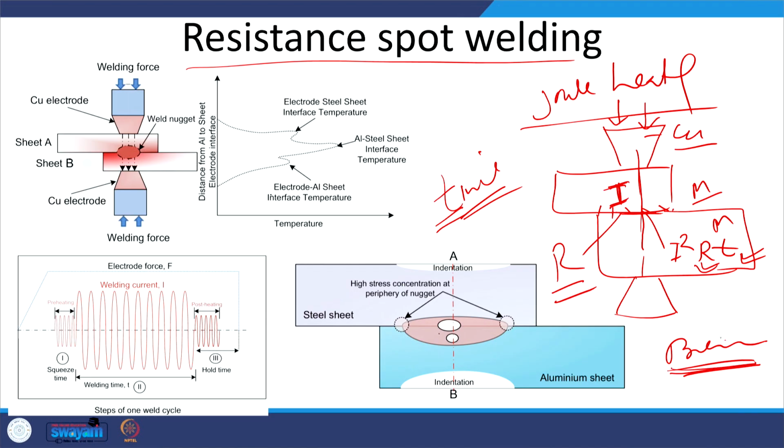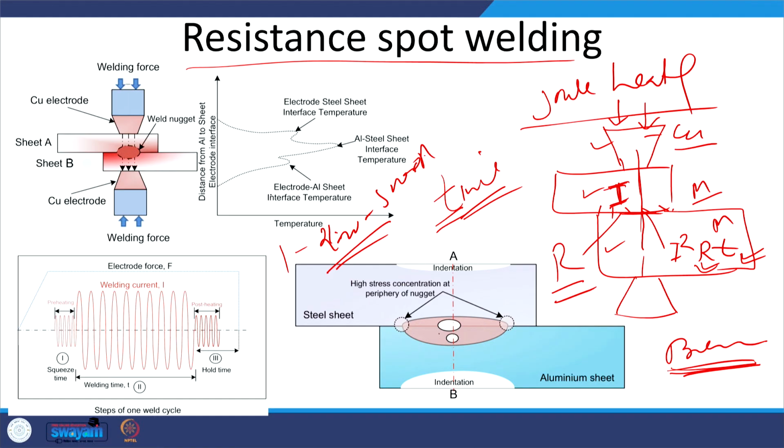When we have enough pressure, firm metal to metal contact between the electrode and the sheets will be maintained. So, there will not be any sparking. Why? Because the current is too high, like 20,000 to 50,000 ampere is allowed to flow, while the time for which current flows is in microseconds or milliseconds. So, the time is very short.